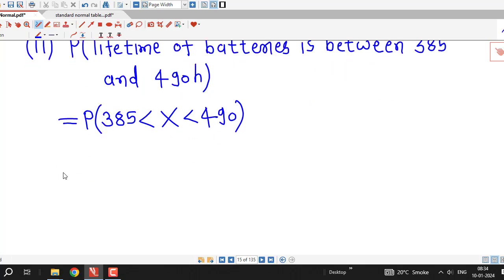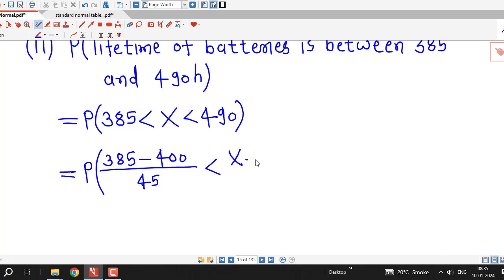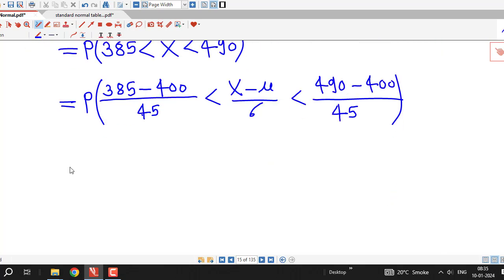Here also I have to convert in the form of standard normal random variable. So I subtract mean, which is 400, and I divide by sigma, which is 45. Here I will write mu, and here sigma less than 490 minus 400 divided by 45. And if you find out this quantity, it turns out to be negative of 0.33.